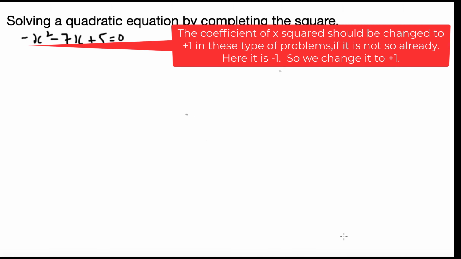We have another example. First we move constant to the right. In problems like these, where we need to solve a quadratic equation by completing the square, we need the coefficient of x squared as 1, nothing else.